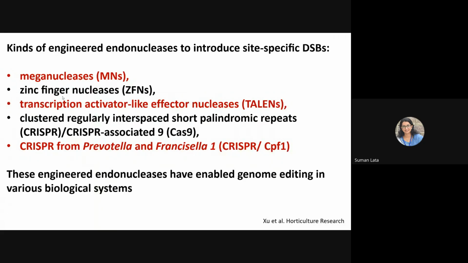And the fifth one is CRISPR-Cpf1. This is another endonuclease, from Prevotella and Francisella 1, which is used for creating double-stranded breaks. All these enzymes have been used for creating double-stranded breaks and for genome editing in various systems, in human beings, in plants, and in other organisms.